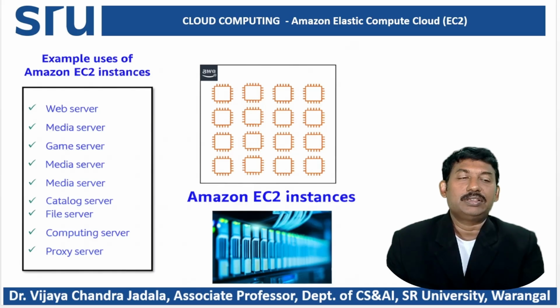An EC2 instance can work as an application server. It can work as a web server. It can work as a database server. It can work as a game server. It can work as an email server or mail server, file server, media server, catalog server, and proxy server.